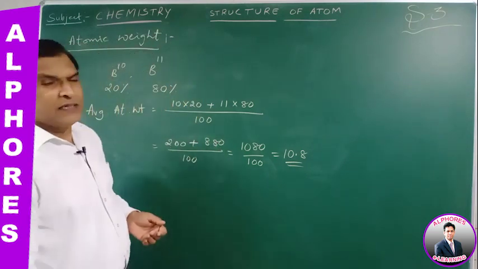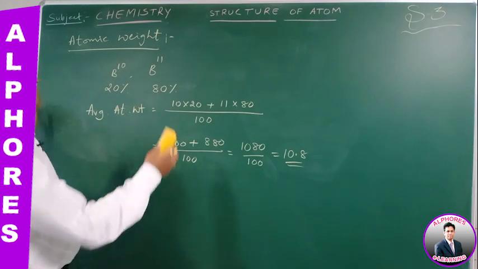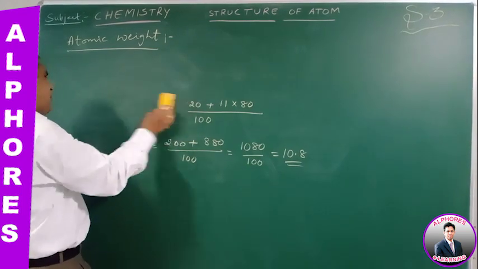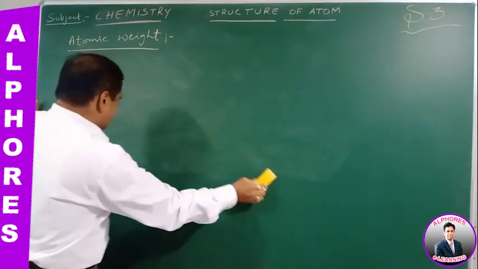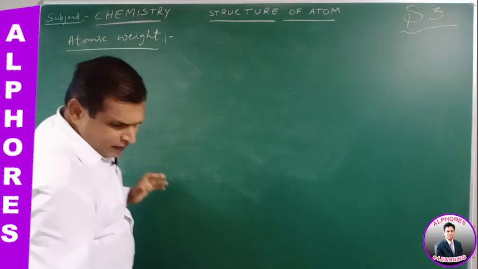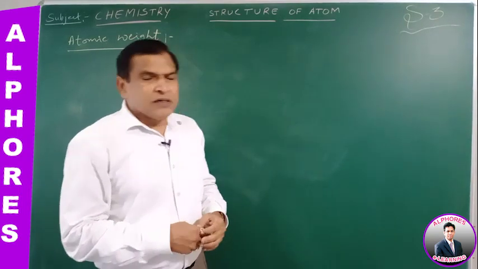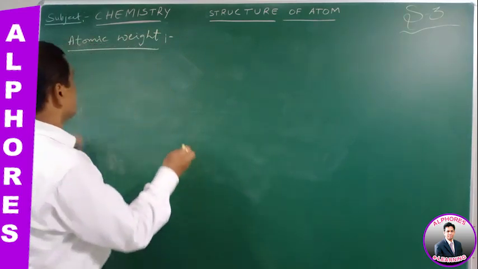Let us calculate another example, the atomic weight of chlorine, based on the available isotopes. It is very interesting to note that naturally occurring chlorine is available in two isotopic forms.